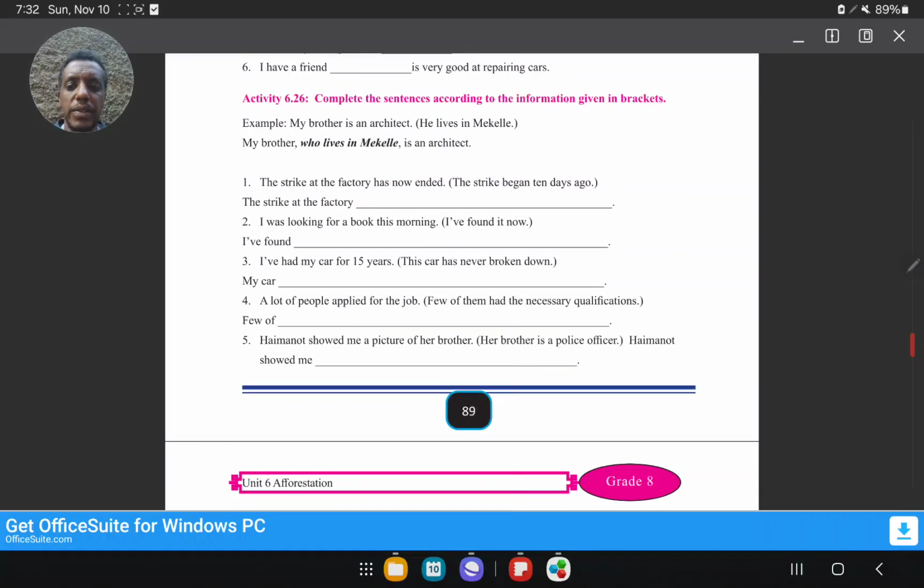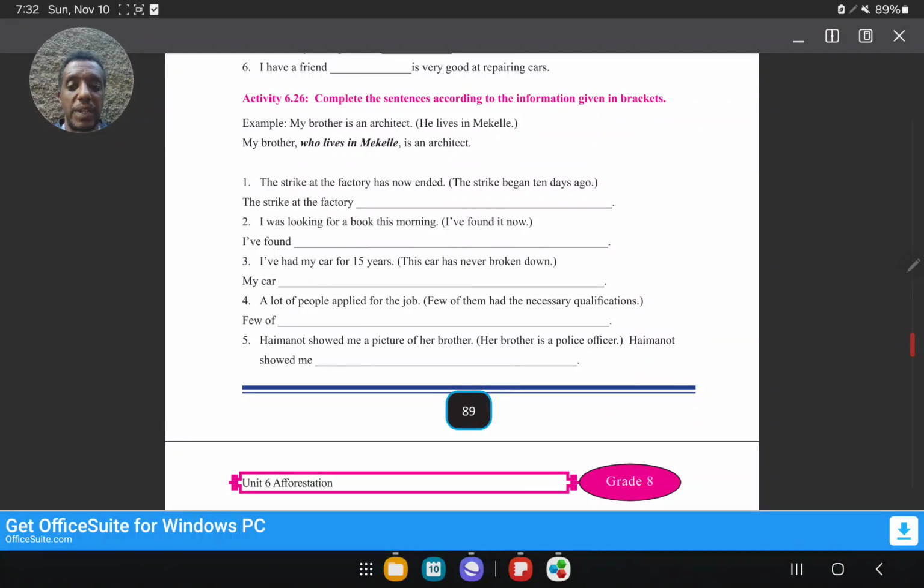Next question, number 3. I have had my car for 15 years. This car has never broken down. My car which has never broken down, that is the right answer.